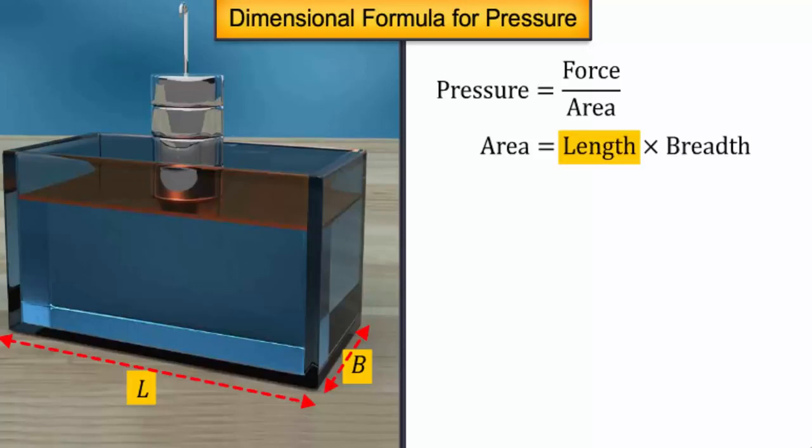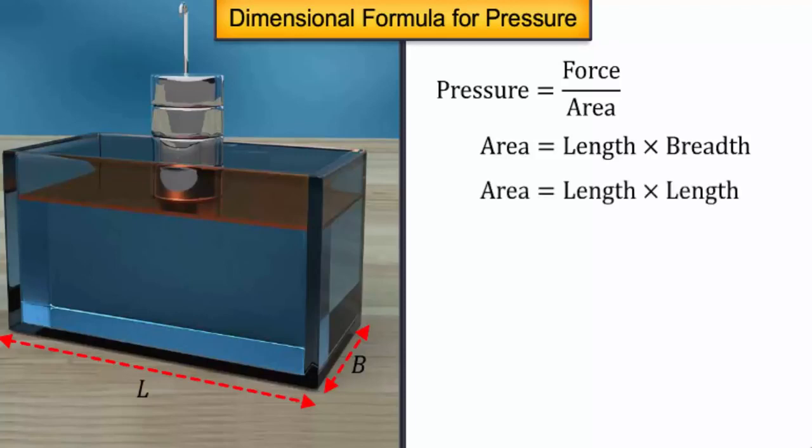Thus, area can be expressed as length squared, and hence its dimensional formula is L^2. We know that the dimensional formula of force is [M L T^-2]. Now, the dimensional formula of pressure is obtained as shown.